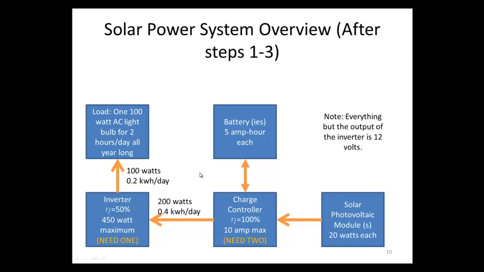We also found that when the light bulb's on, the inverter is drawing 200 watts from the charge controller, and the energy it uses coming from the charge controller is 0.4 kilowatt hours per day. So we need to supply that 0.4 kilowatt hours per day either from the battery or from the solar module. That's what we're going to talk about next, how we can do that.